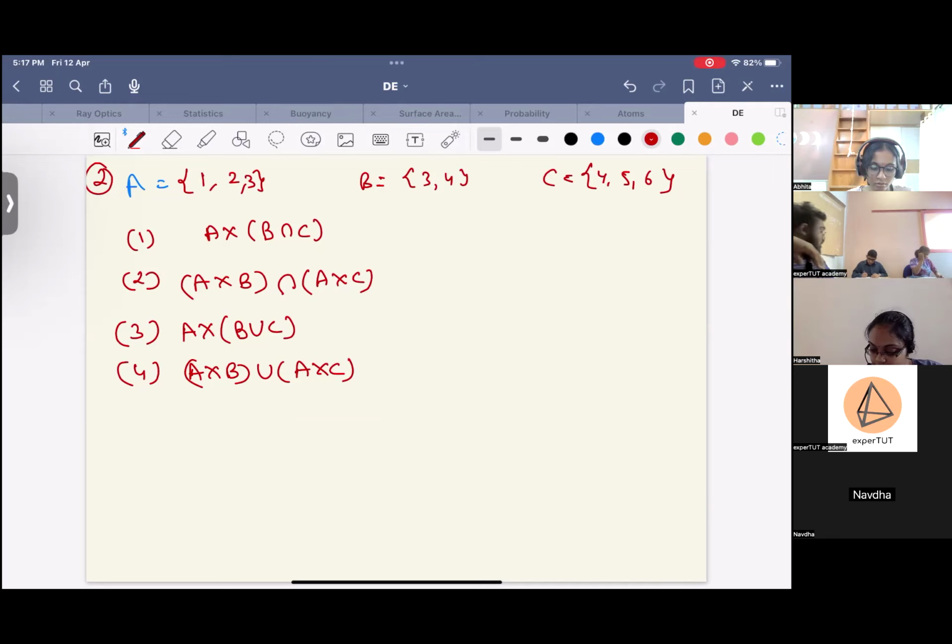By the way, for you, the union is divided. You have written ABC but not yet written this question. Write fast. B intersection C in this case is 4, but B union C in this case is 3, 4, 5, 6.